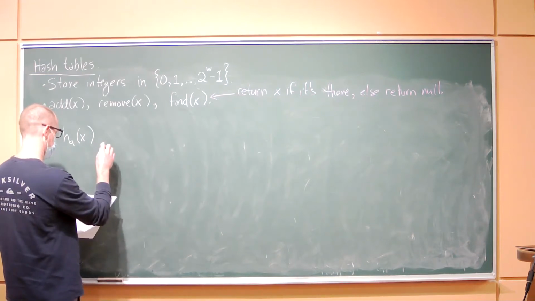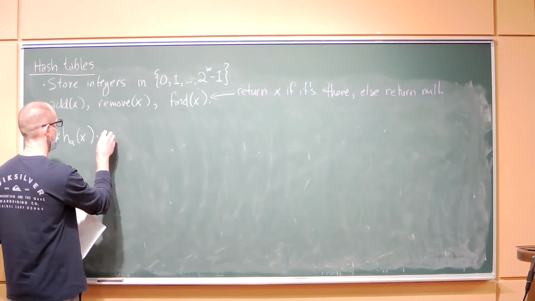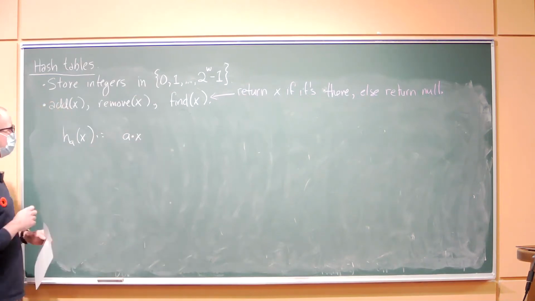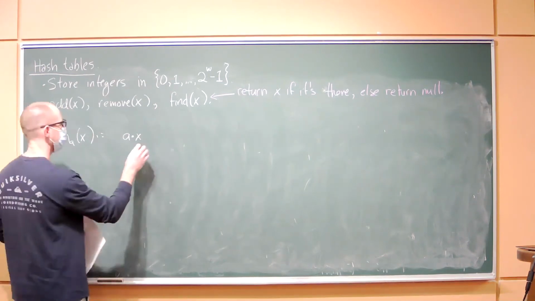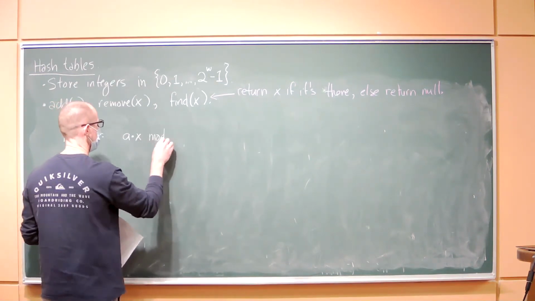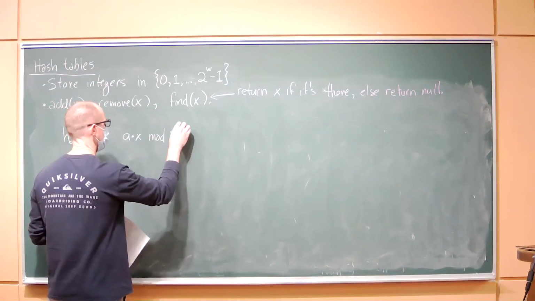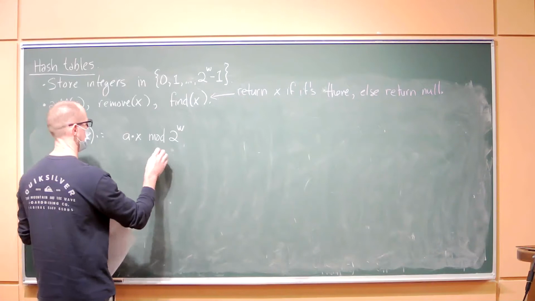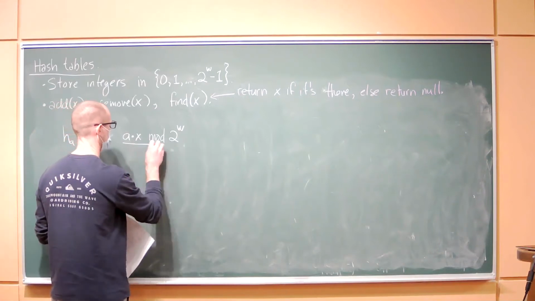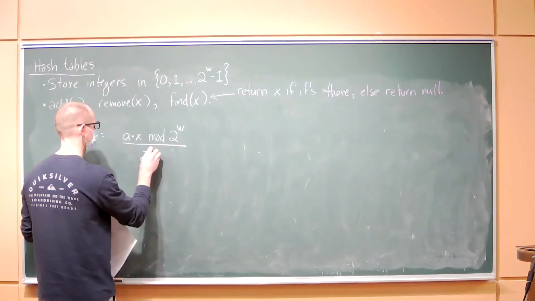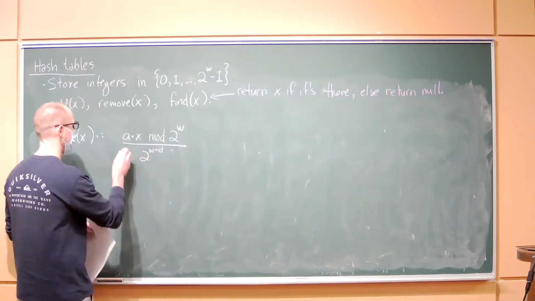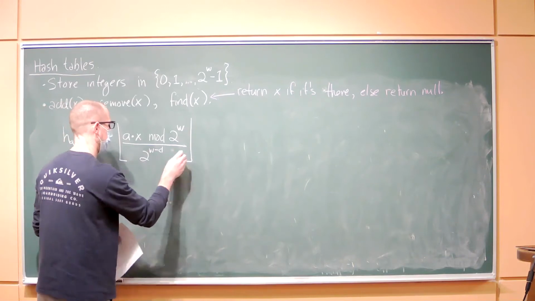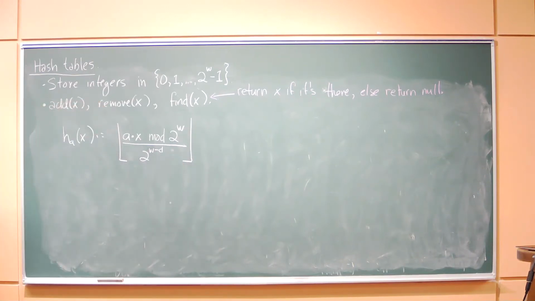And it is just, you take a and x, you multiply them together, you take that result modulo 2 to the w, and you divide that by 2 to the w minus d, and this is an integer division, so you take the floor of that. Okay.